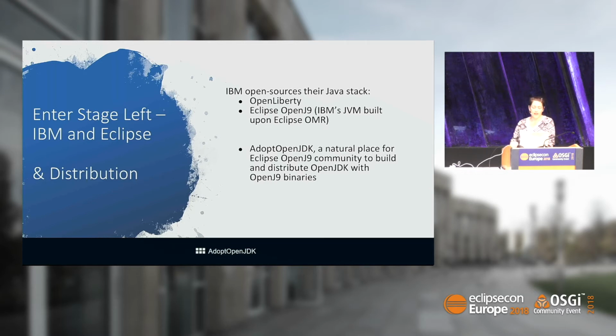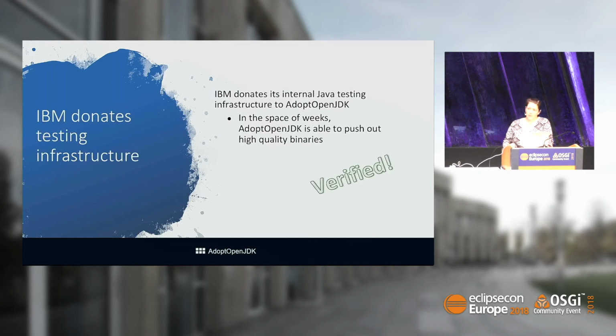And AdoptOpenJDK seemed like the natural place to do that. In April of 2017, we open sourced our testing infrastructure, and within a few weeks, we were running verification builds against the builds that were being built at the build farm.